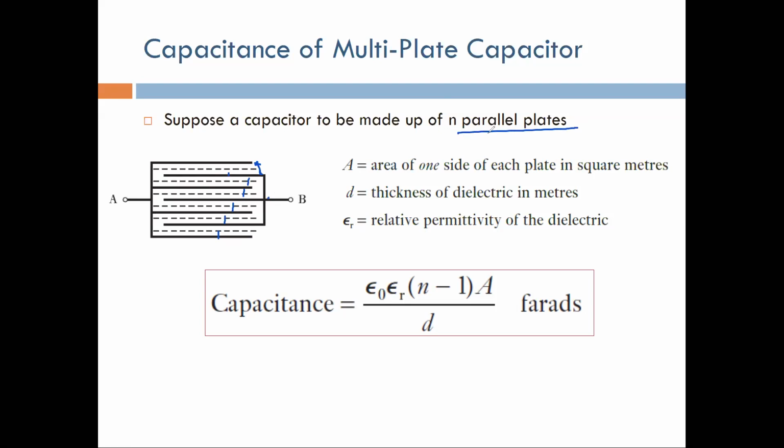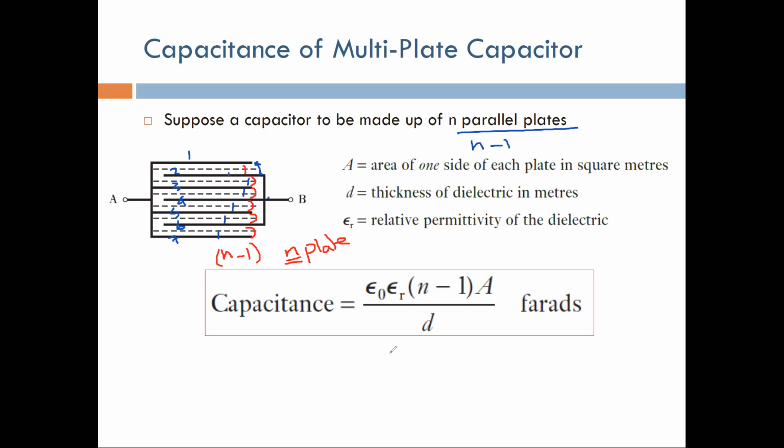They are n parallel plates, but they make up n-1 capacitors. See here you have 1, 2, 3, 4, 5, 6, 7. The number of capacitors you have is a little less. You have capacitance here, 2, 3, 4, 5, 6. So we have only n-1 capacitors from n plates. Whenever you have n plates, you have n-1 capacitors.